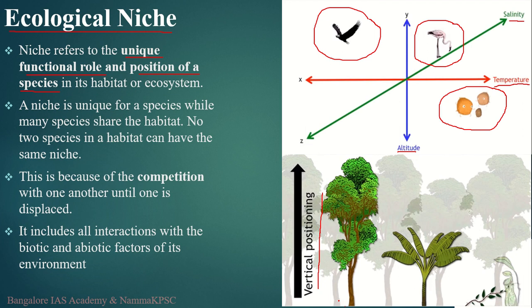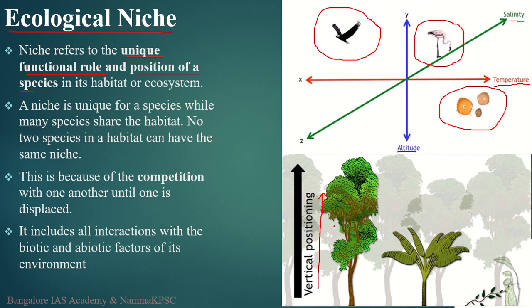So therefore, the species within the rainforest will try to adapt to a unique habitat in order to reduce this competition, so that it becomes easier for them to survive. I'm pretty sure everybody knows that in rainforests, the trees grow very tall in order to get more sunlight. So these trees will grow very tall, and they use more energy to grow tall, so that they don't have to compete for sunlight.